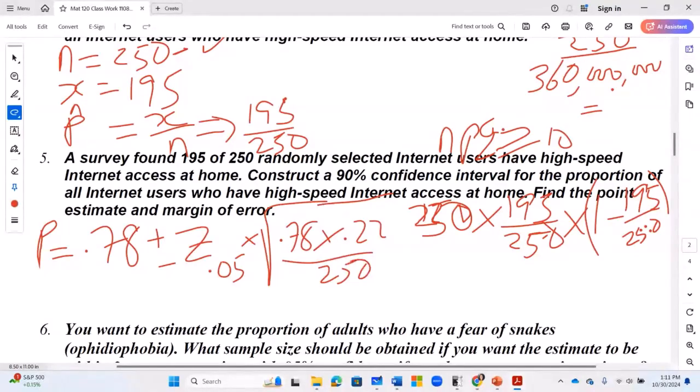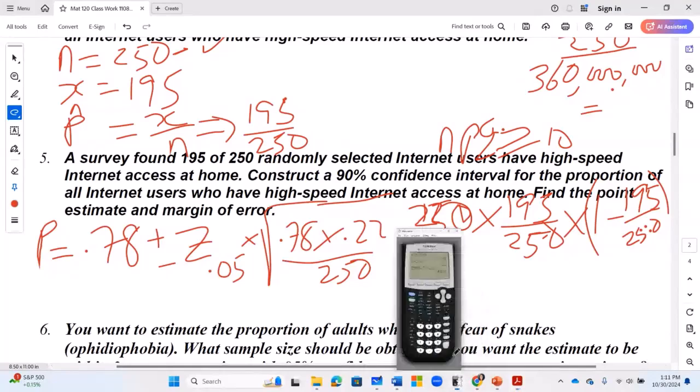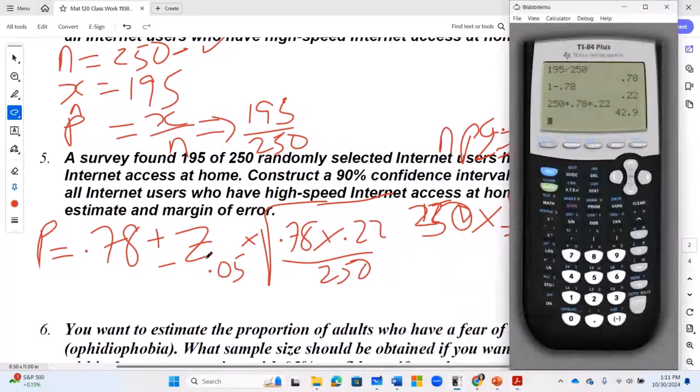This is what I'm supposed to simplify, but I can just write this formula like this and go to my calculator and put it in. So now that I know everything, I go to my calculator. I'm going to press Stat, Tests, and I am looking for 1-PropZInt, one proportion z interval. We did it the other day.